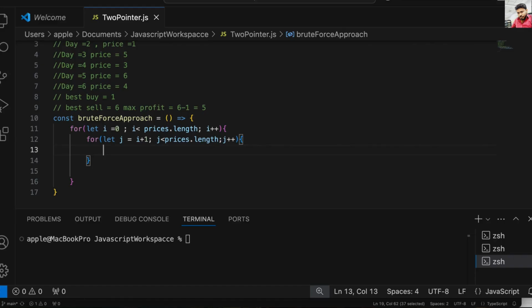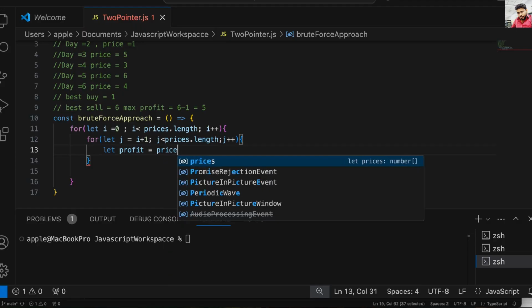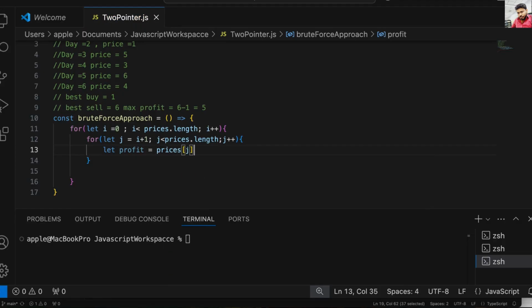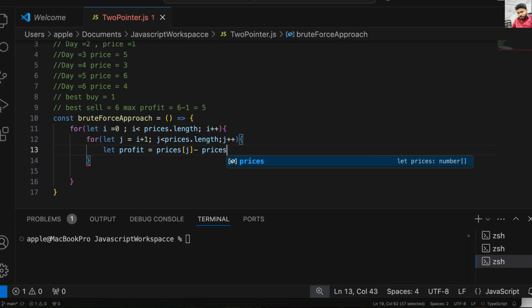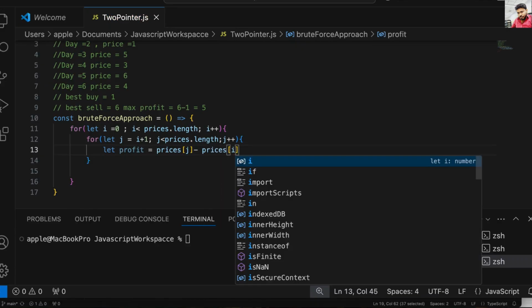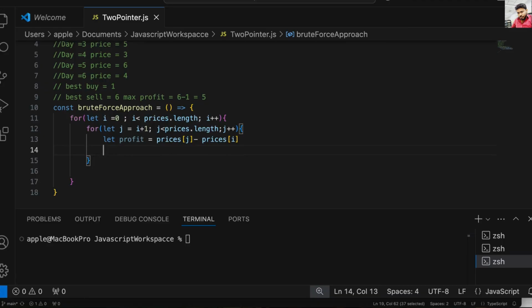So here is the calculation. First we need to calculate the day profit, and then we calculate the max profit. Day profit is prices of j minus prices of i. So it will take the two values and calculate the profit. Now we need to calculate the max profit.